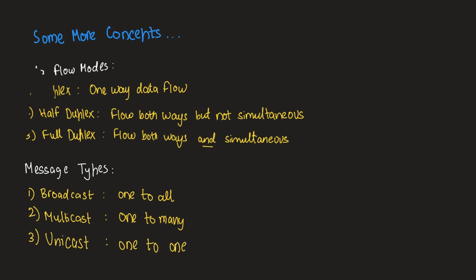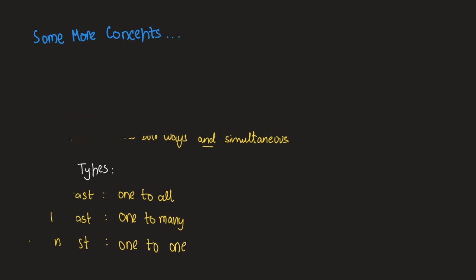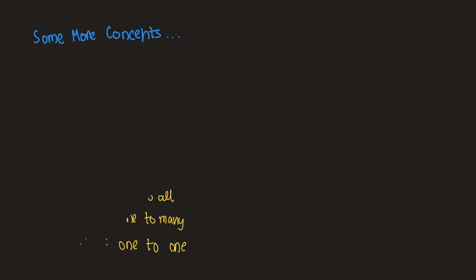Let's now look at a few more important terms. First, we have a server. A server is computer hardware or software that provides functionality to other devices, other clients connected to it. A server also has a few more functions.